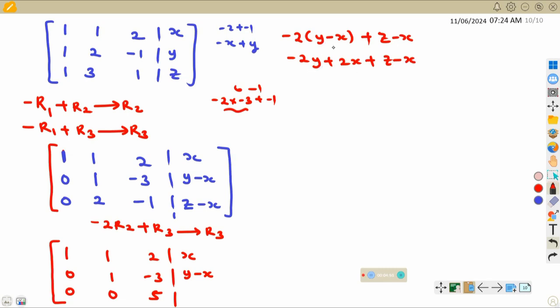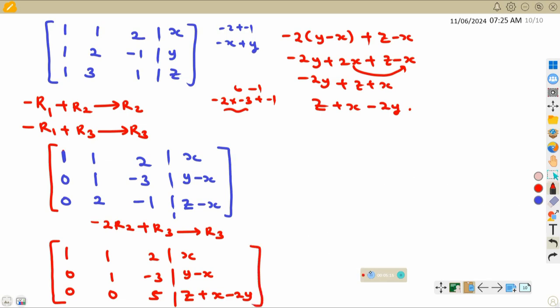So this will give us negative 2y, and this x with this will give us x. In other words, we shall have z plus x minus 2y. So this is what we shall have here, z plus x minus 2y.